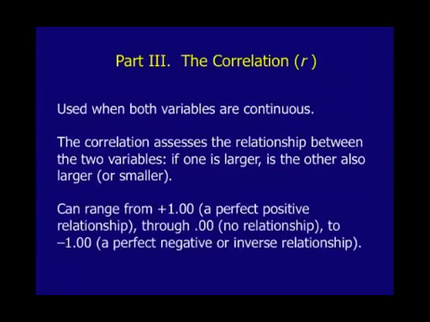Correlations can range from plus 1.00, that is a perfect positive relationship, through 0.00, or no relationship at all, to minus 1.00, a perfect negative or inverse relationship.